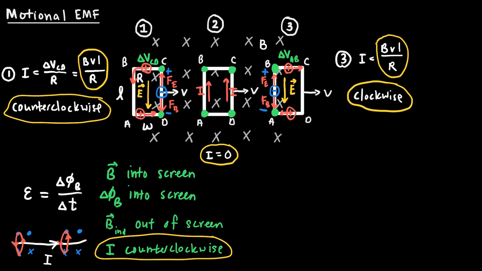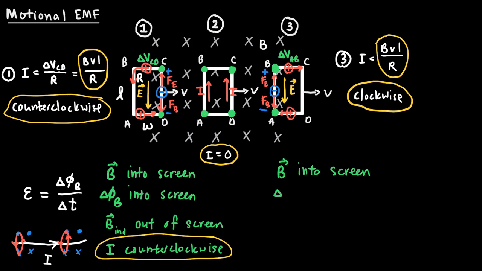At location number 3, the direction of the magnetic field is the same, right? B is directed into the screen. However, at location number 3, the conducting square is leaving the magnetic field, and so for that reason, the flux through the inside of the conducting loop is decreasing.